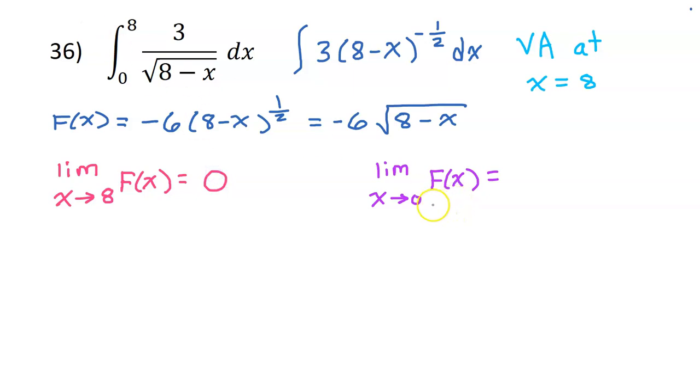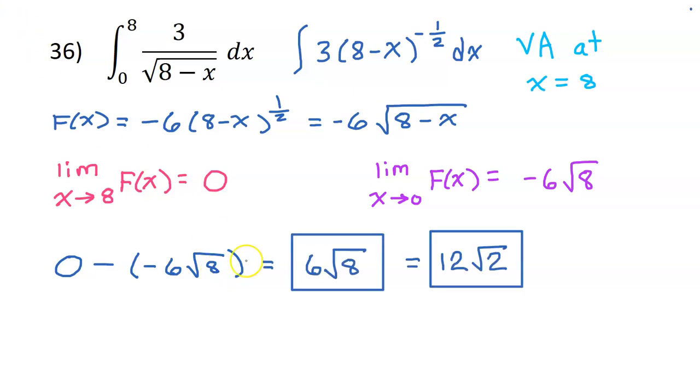For the second limit, if we substitute 0, that gives us negative 6 radical 8. The value of the improper integral is the upper limit minus the lower limit. So 0 minus negative 6 radical 8. This is just 6 radical 8, or 12 radical 2 if you simplify this radical.